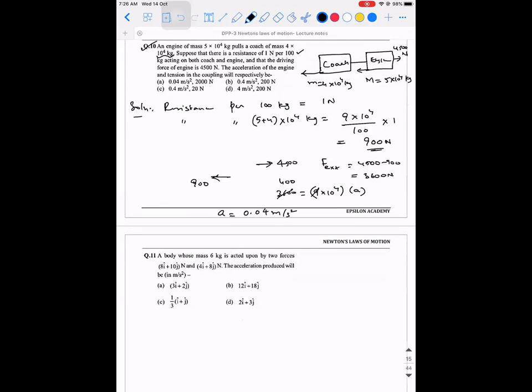See, actually, in this question, you can put it in directly and go. But sometimes what will happen is they will give acceleration as 0.04. More than one option will have that answer. At that time, we need to find the tension. So how to find the tension, guys?